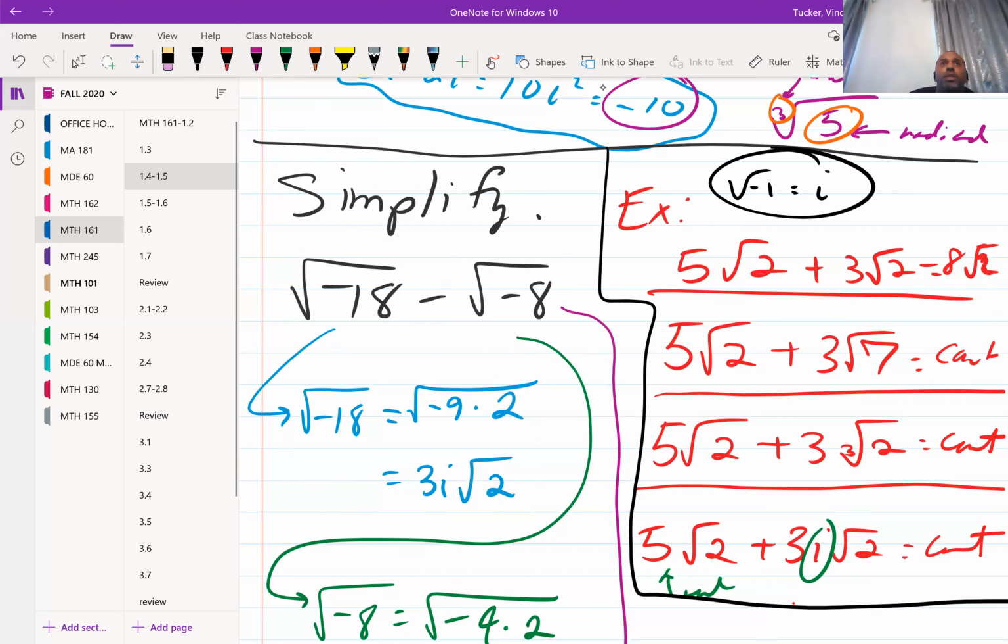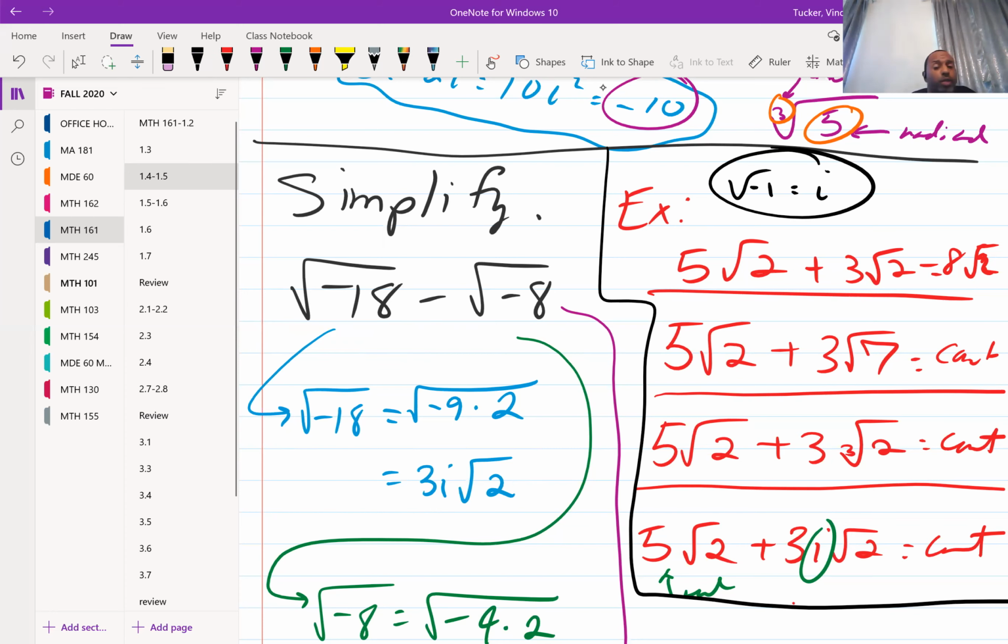When you have a number that's not a perfect square, you look for one of the factors and see if they have a factor that is a perfect square. So I would break up 18 into 9 times 2 because I can take the square root of 9. Square root of 9 is 3, and we just finished talking about that negative would turn into I. So that's where we get 3I from. And then the 2 just stays under the radical because I can't do anything with that.